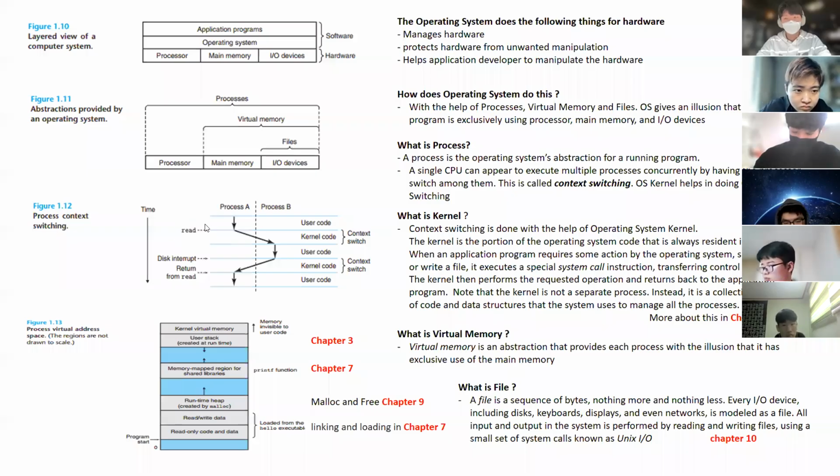So in this case, there is a read system call of some type. Process 1 was running and suddenly another interrupt comes, so the operating system would switch. This was running in user mode and it switches to kernel mode. This is called context switching, and the processor is now processing process B.